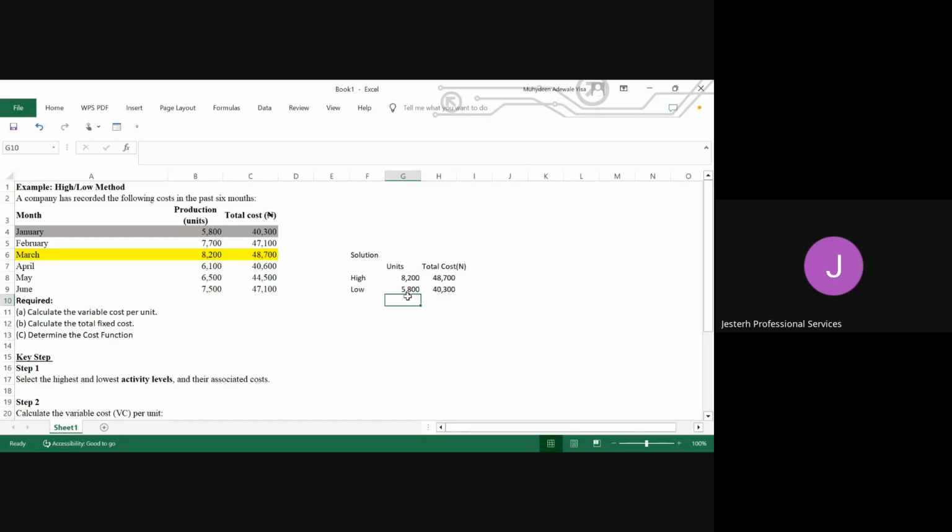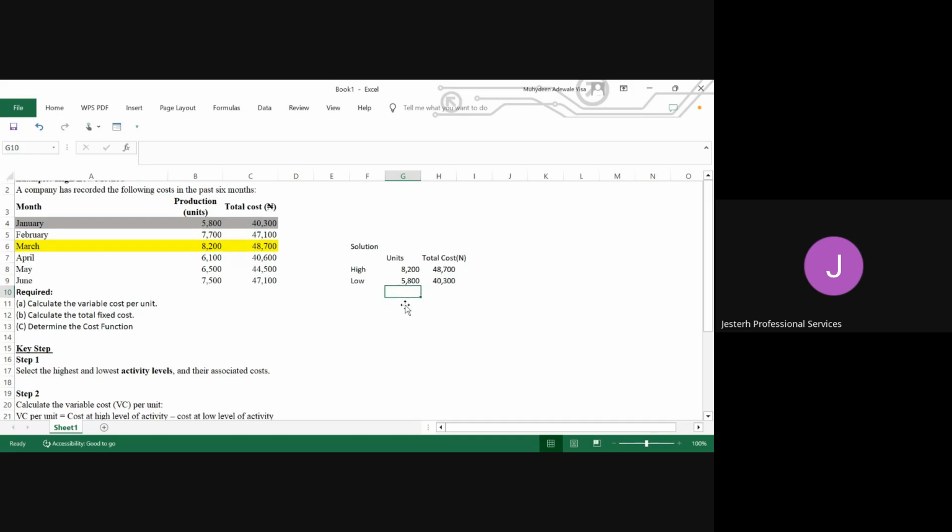Based on the first step, now we're able to know the high and the low. Then we need to determine their differences. How are we going to do that? It is to subtract the lower level of activities from the high level of activities.